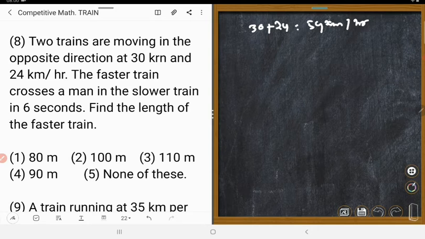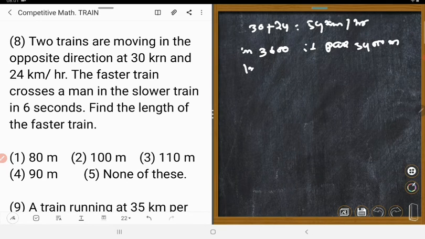Distance covered: in 3600 seconds it passes 54,000 meter.